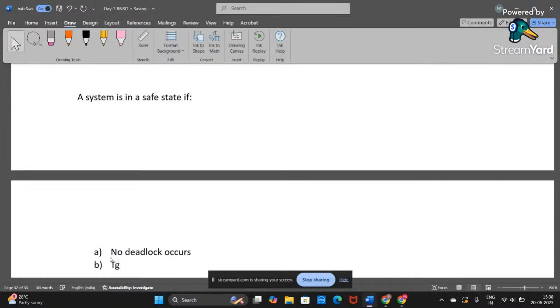Second one, the system can allocate resources to each process in some order.